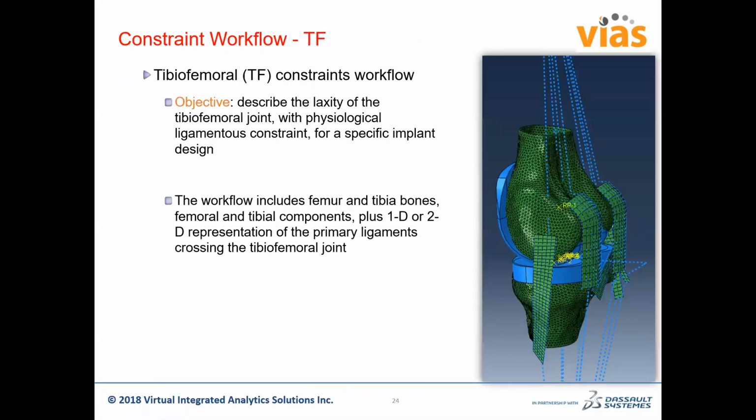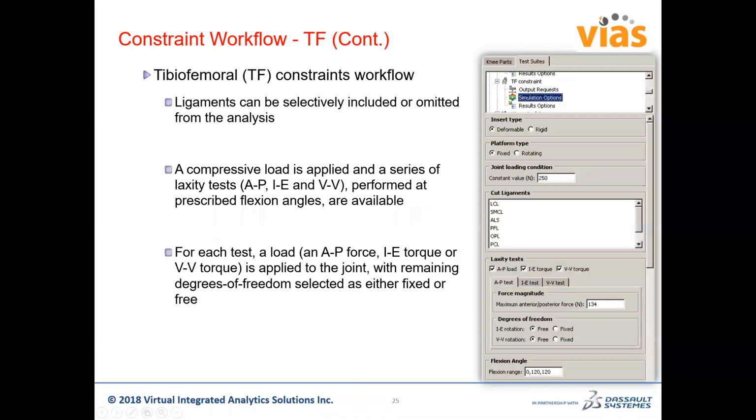The third workflow which we have is the tibiofemoral constraint workflow, where again we are analyzing the laxity, but in the presence of soft tissues such as ligaments, bones, and all. The workflow includes femur and tibia bones, femoral and tibia components, plus 1D or 2D representation of the primary ligaments crossing the tibiofemoral joint. Here, you have a few additional options.